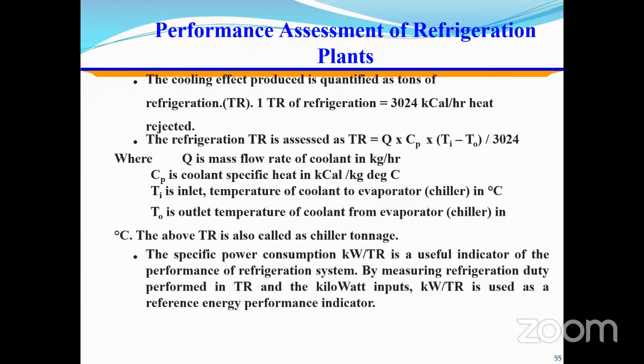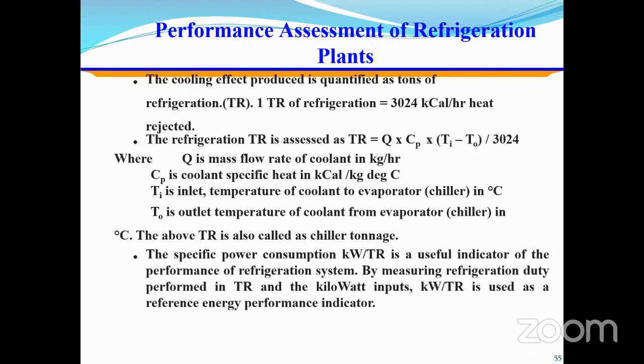Refrigeration is assessed as TR, which is equal to Q into Cp into delta T, that is, the chilled water in and chilled water out difference.